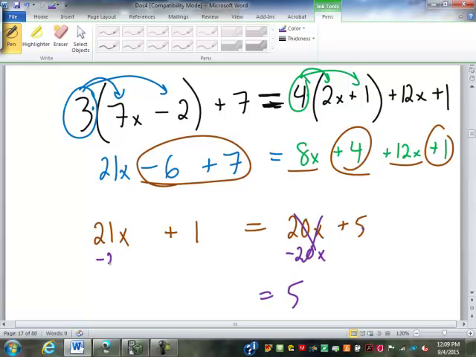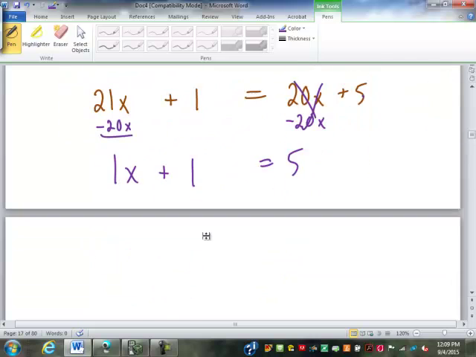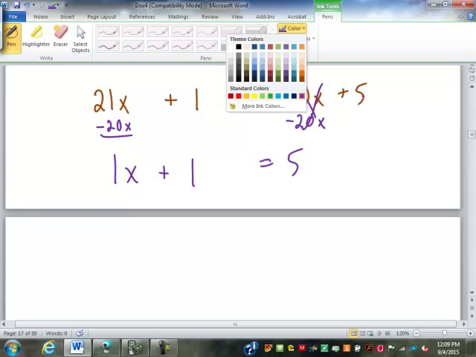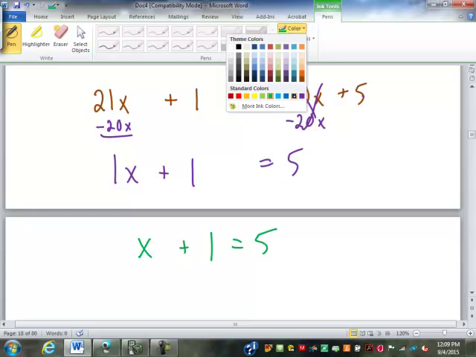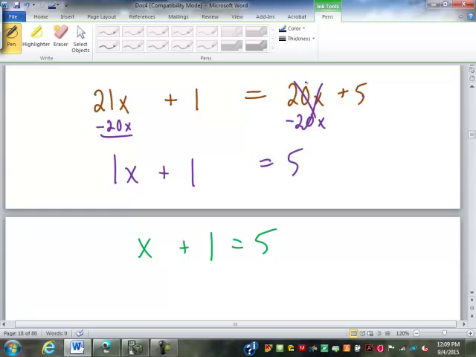Have to take 20x from the other side. Can only take it from the other x's. 21 minus 20 is 1x. We still have the positive 1. Now 1x can actually be thought of as just x. Just like 1 inch is sometimes just called an inch, we can think of 1x as just an x. So to solve, all we have to do is subtract 1 and x equals 4.